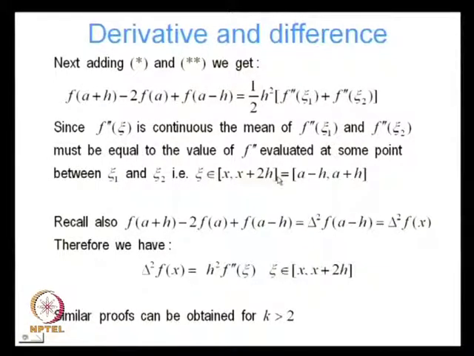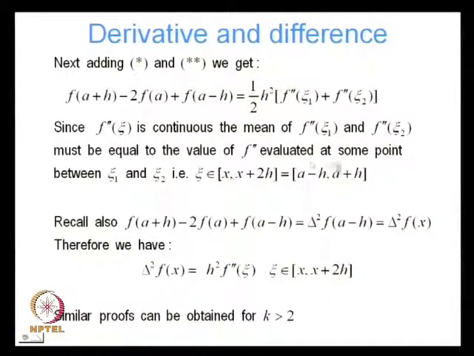We know that both xi 1 and xi 2 belong to this interval, so the xi for which f double prime xi is the mean of these two must also lie in this interval. Is that clear? That xi must also lie in that interval.